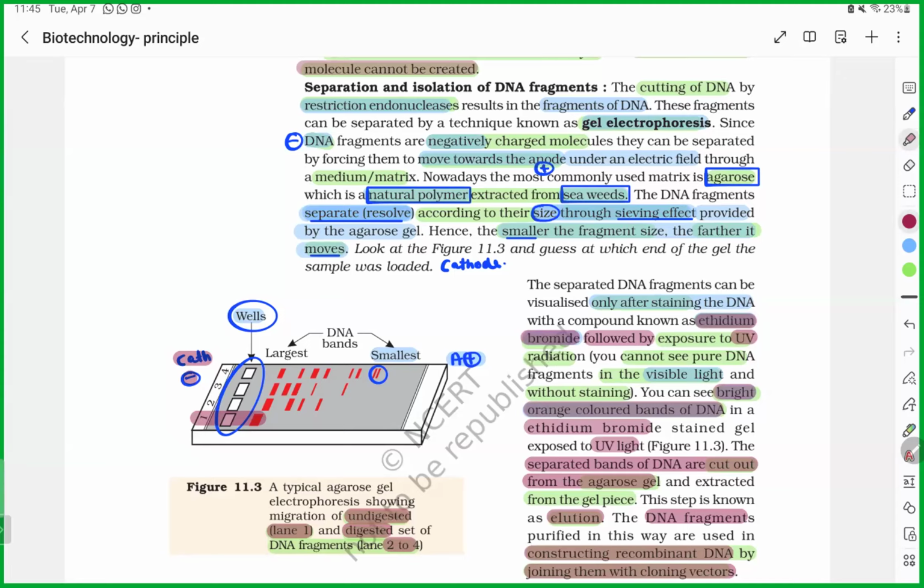Larger the fragment size, it means it will be at the minimum, it will come near the wells.